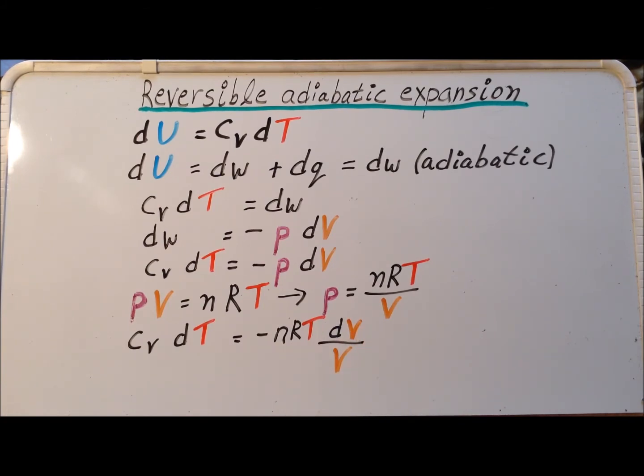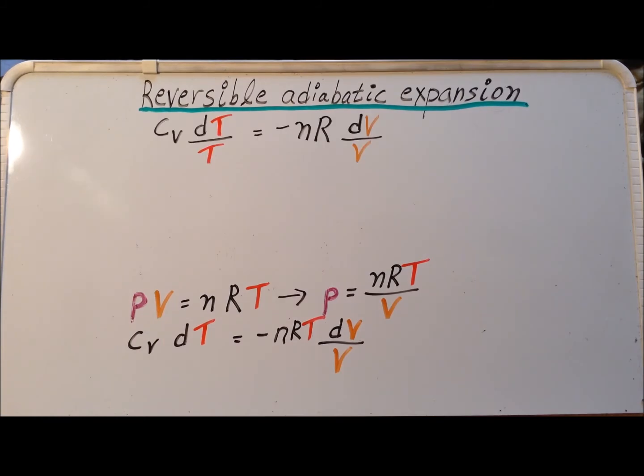In our next step, we're simply going to take this expression and divide each side by the temperature T. We get, therefore, Cv dT over T is equal to minus nR dV over V. In our next step, we are going to want to integrate each side.